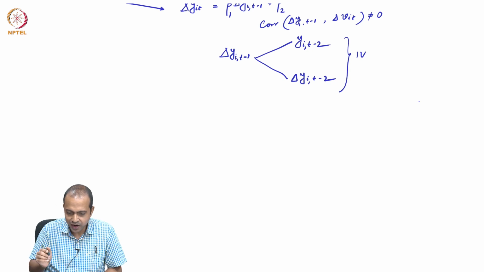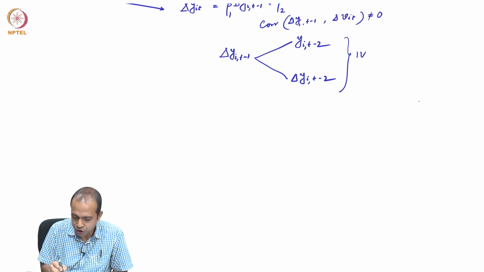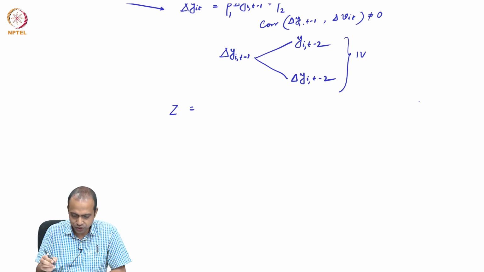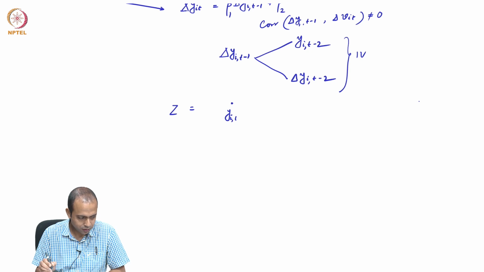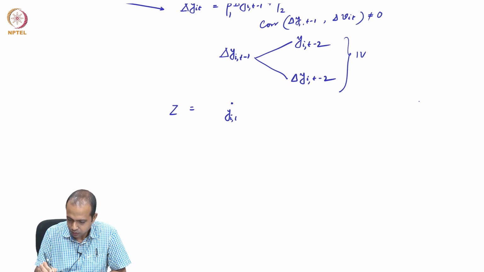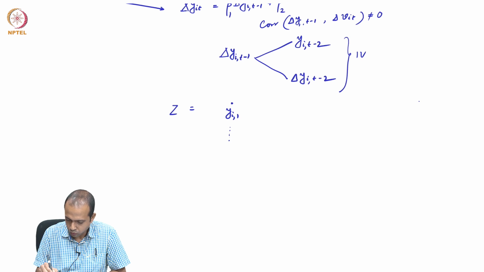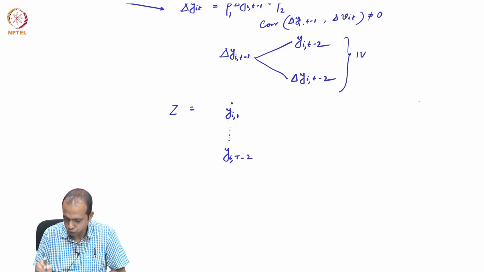Then in the Anderson and Hsieh approach, my instrument matrix will look like this: YI1, ... YIT minus 2.